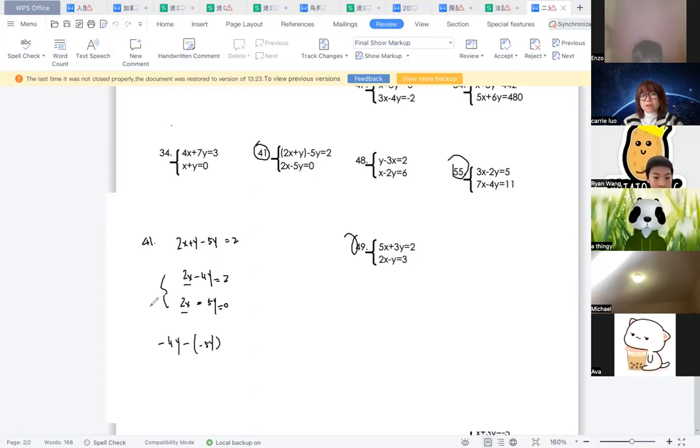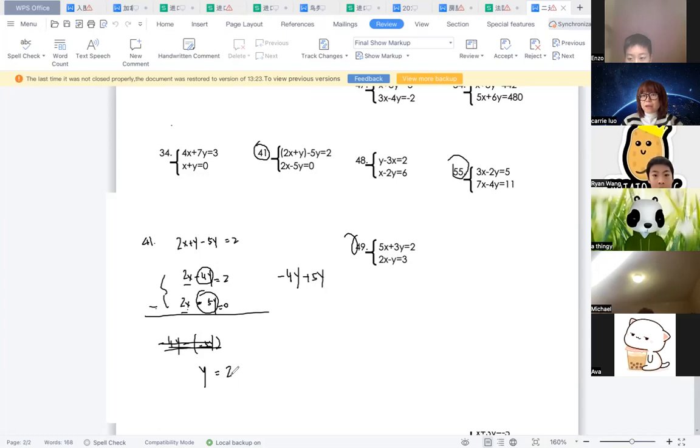Negative 4y minus negative 5y actually equals negative 4y plus 5y. Understand, Athene? Michael? Okay, so this part is hard. So y equals 2.